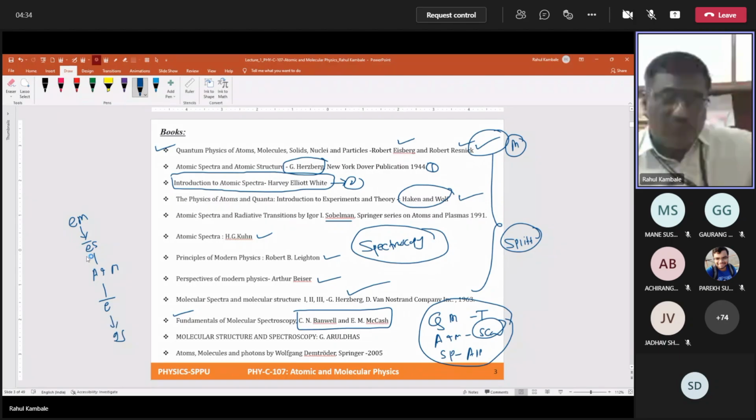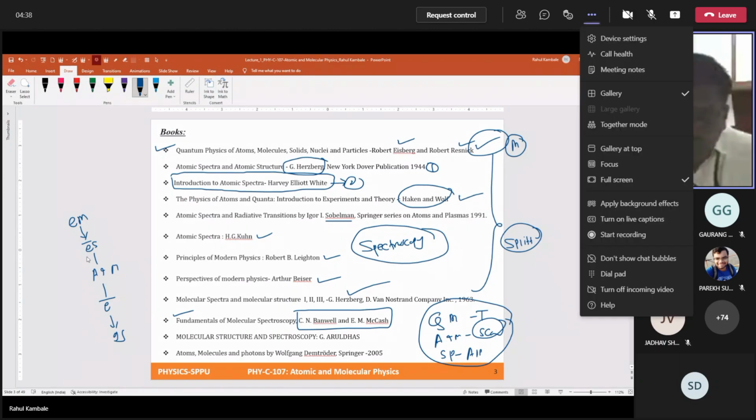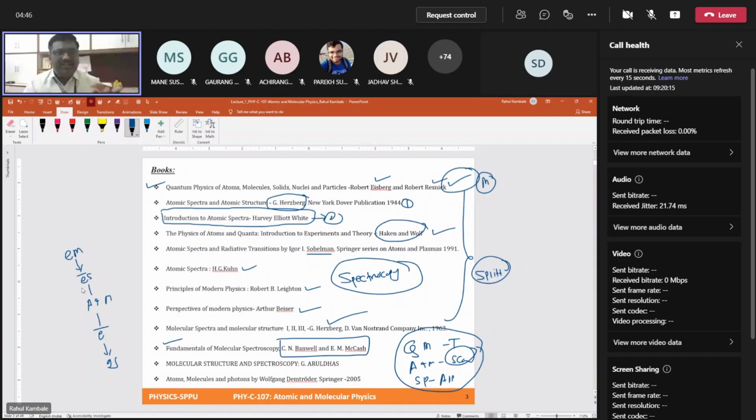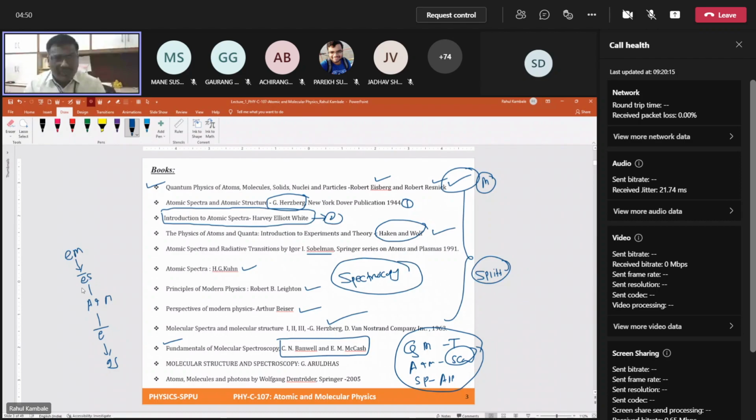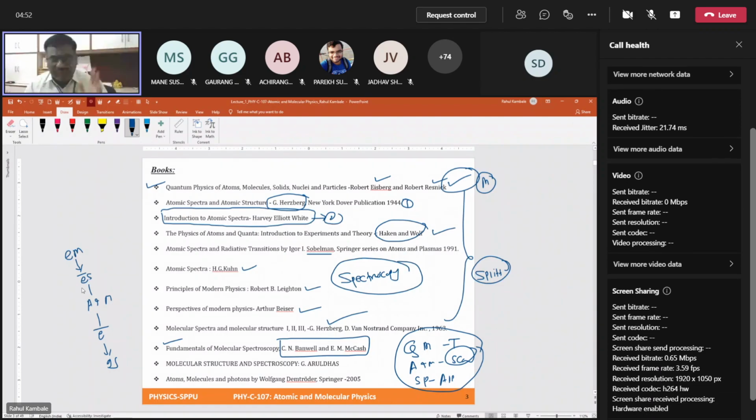Spectroscopy is a very vast field, and it gives you the insight into what is happening there, the exact fingerprint: how the atom is made, how it is responding, what type of quanta is coming out, what type of lines we are getting, these kinds of things.